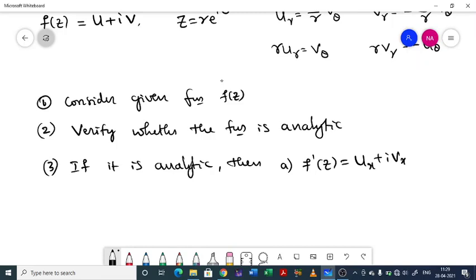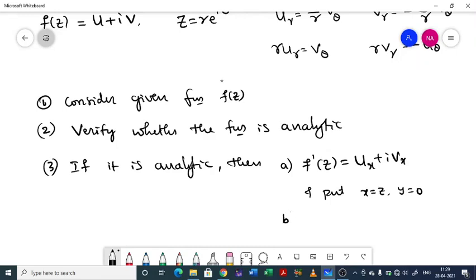Use this formula and put x equal to z, y equal to 0. Substitute x equal to z and y equal to 0 in the formula.